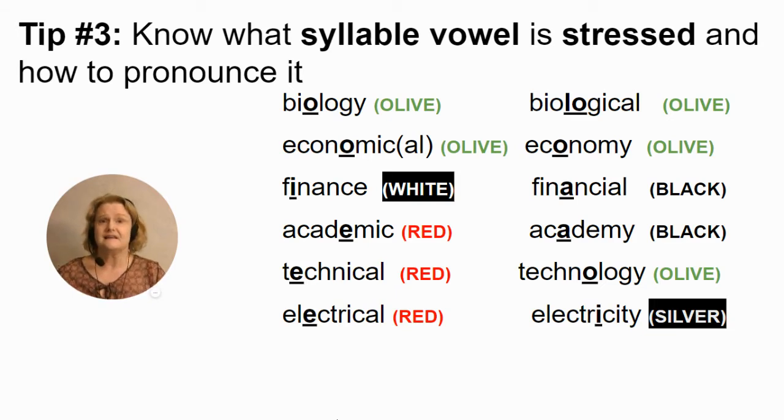Related to this is knowing which syllable, but more specifically syllable vowel, is stressed and how to pronounce them. Here I'm using colors to describe the vowels. I will link to other videos of mine where I'm describing how to use the Color Vowel Chart, where each vowel sound, like ah, is described by a color, olive in this case, which is a type of green.